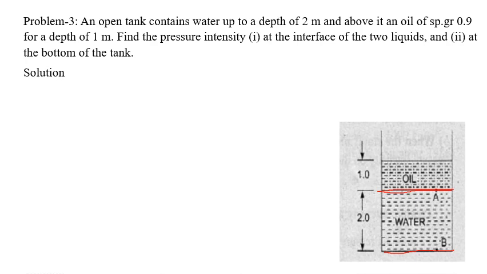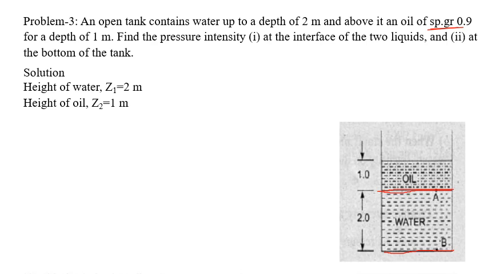So here the density of the water we know is a standard value, that is 1000 kg per meter cube, and the density of oil is calculated by using the specific gravity. The specific gravity is given as 0.9, and the density of oil is 900 kg per meter cube. The height of water, Z1, is 2 meter.